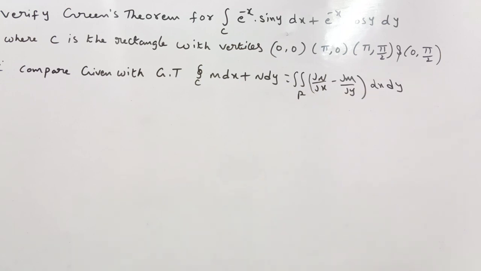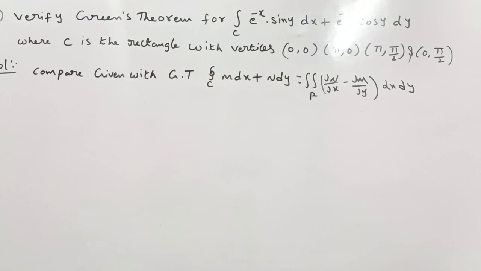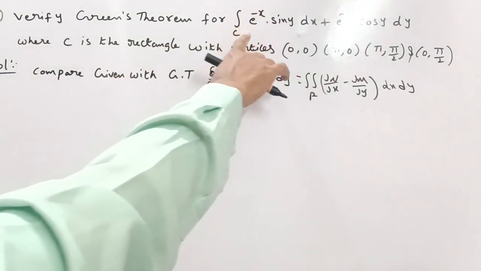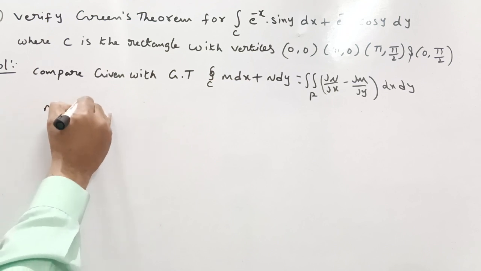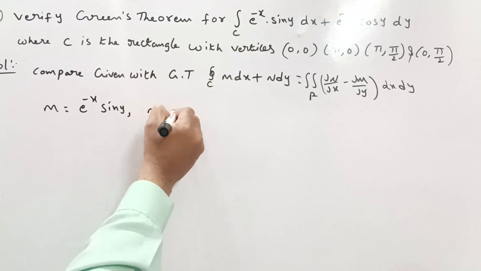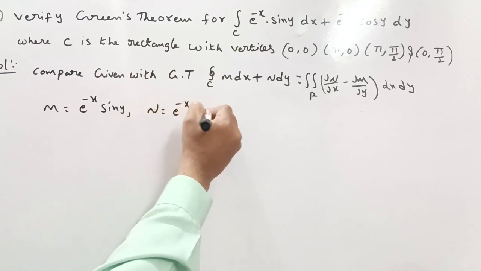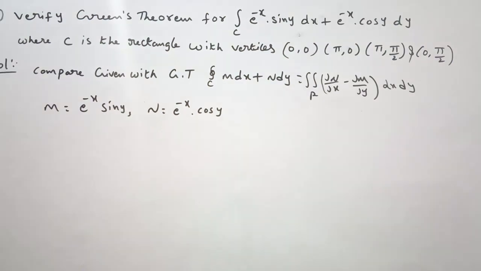This is our Green's theorem. Now if I compare the given with Green's theorem, in place of M, how much do we have? I get M is equal to e power minus x sin y, and N is equal to e power minus x cos y.